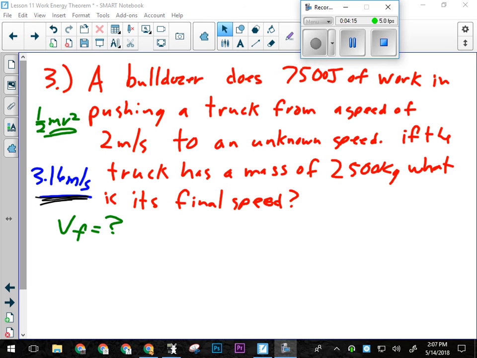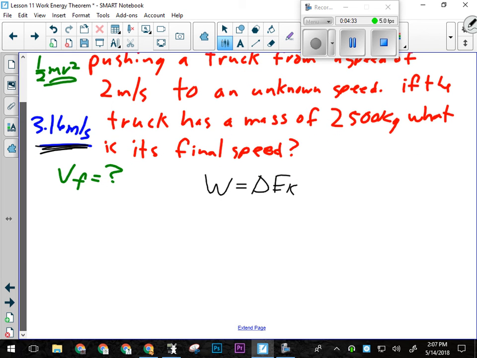Let's walk through the first couple steps here. First off, what kind of energy is changing about the truck? It's kinetic energy because its speed is changing. So we know right off the bat that in this case, the work is going to equal the change in the kinetic energy of the truck, which means we can write that work equals 1/2 m vf squared minus 1/2 m vi squared.